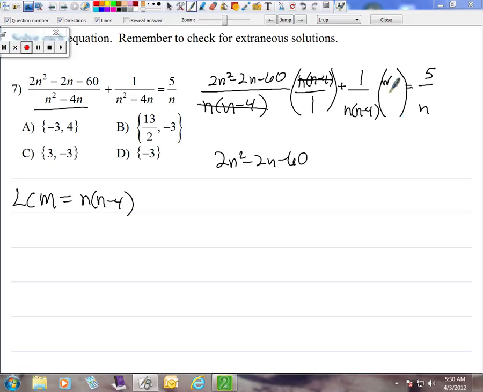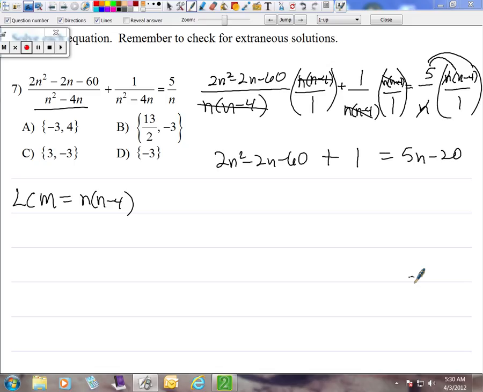But you know this is going to be n times n minus 4 over 1, which is going to cancel again. So I have plus 1 equals. Then we have to do this one on the right side of the equal sign. The n's cancel, but we're left with 5 times n minus 4, which has to be distributed, which would be 5n minus 20.